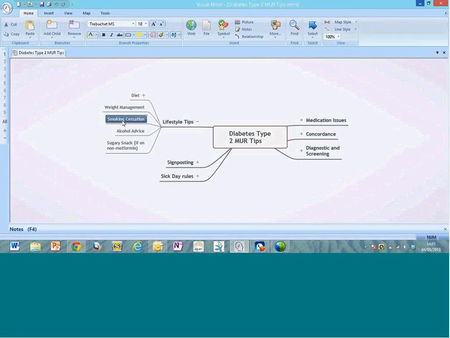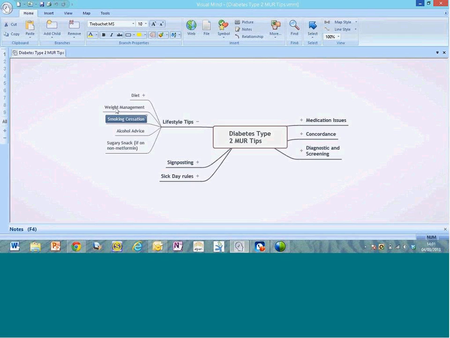Now, you're unlikely to find many patients who are smoking who have diabetes, but you still do, and you can take the opportunity there to refer them on to your smoking cessation scheme if you have one, and if you've got one on weight management, again, you can take the opportunity to refer them on to that as well.